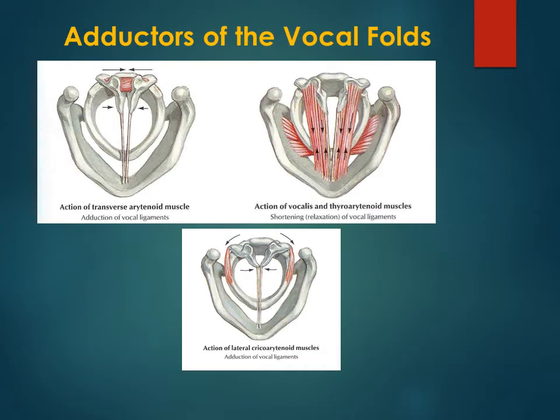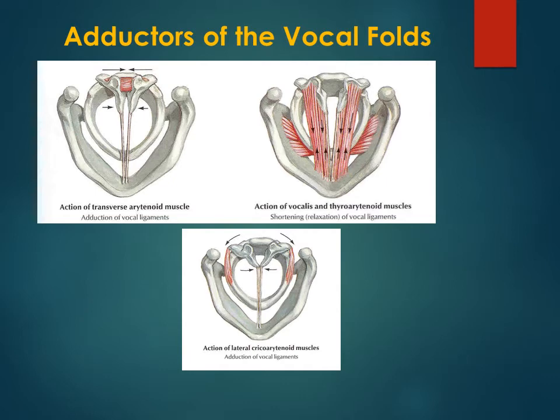The vocal folds have adductors, which help the protective mechanism of the larynx. This is the action of the transverse arytenoid muscle, adduction of the vocal ligaments. Also the vocalis muscle and the thyroarytenoid muscle, which are relaxers of the vocal ligament, have a major function in phonation.